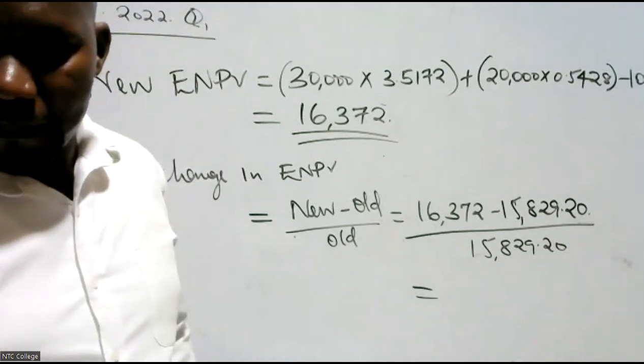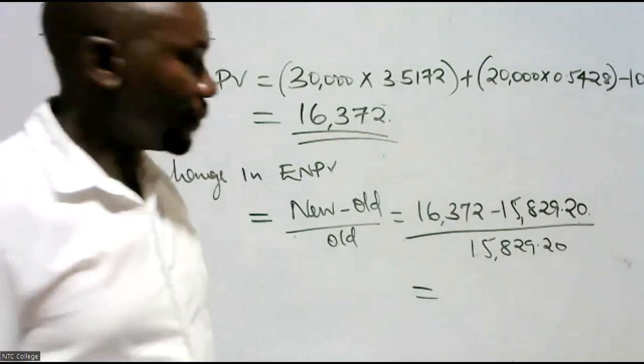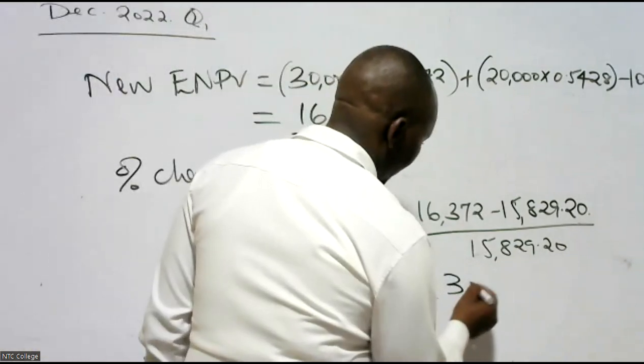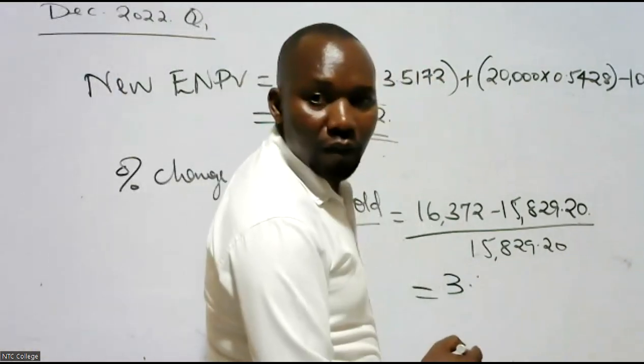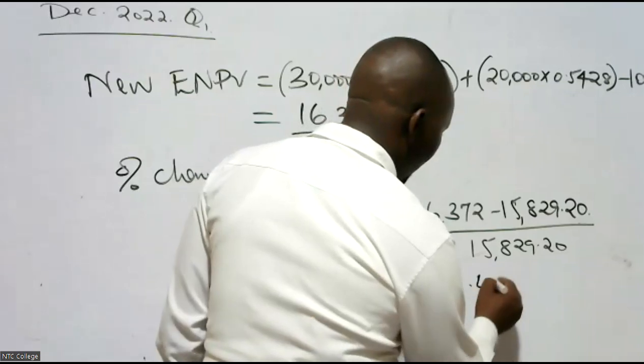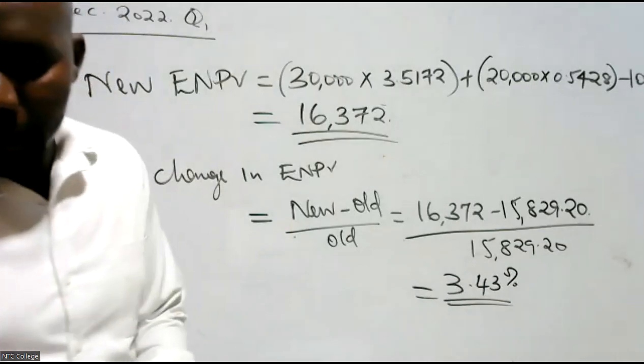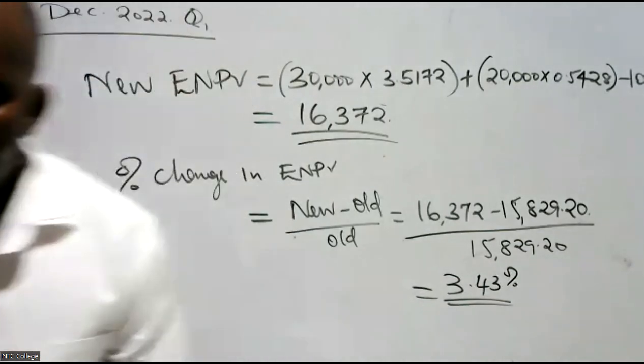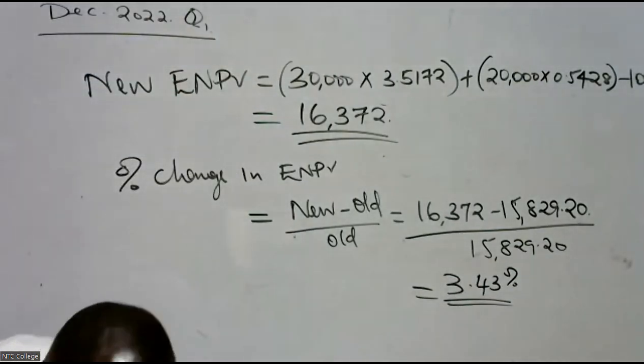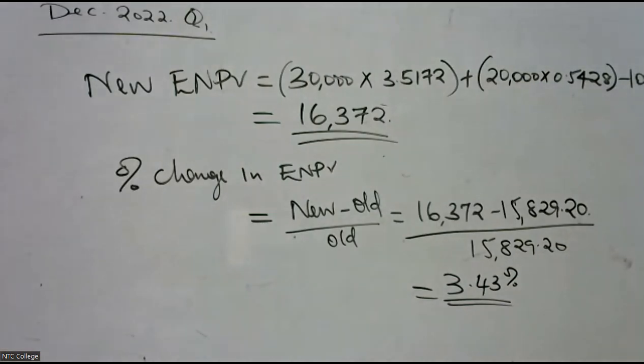Is it exact? So we have 3.43%. Do you have any challenge there? I want somebody to tell me whether you have any challenge. If it is well understood, everybody should comment that it is okay, understood.